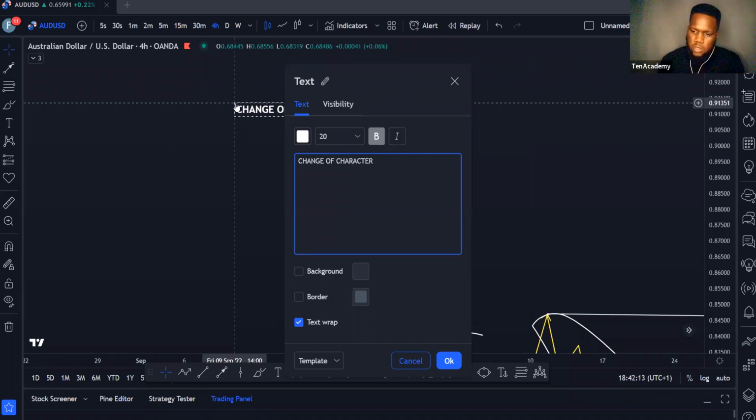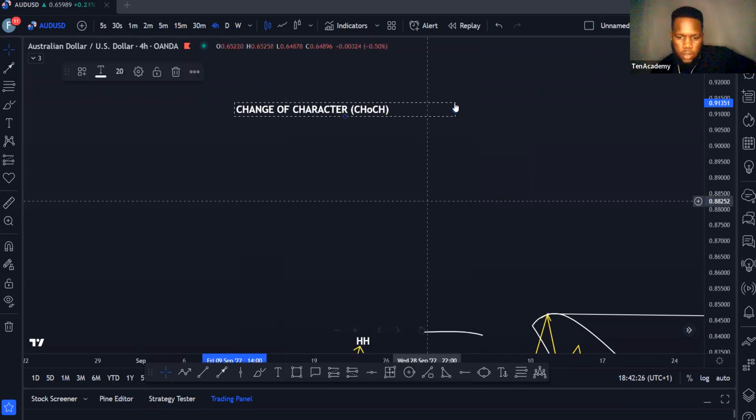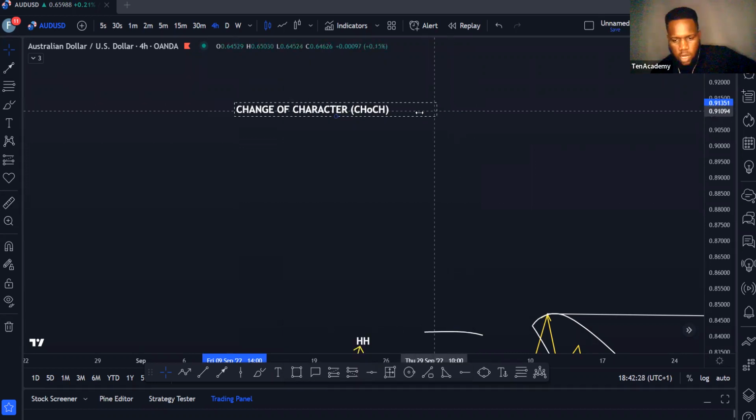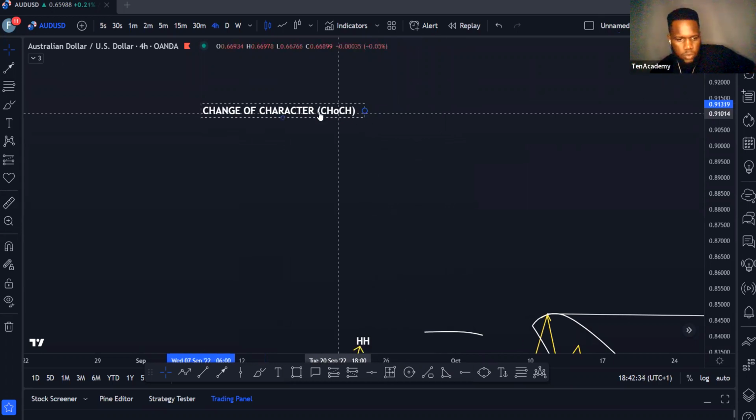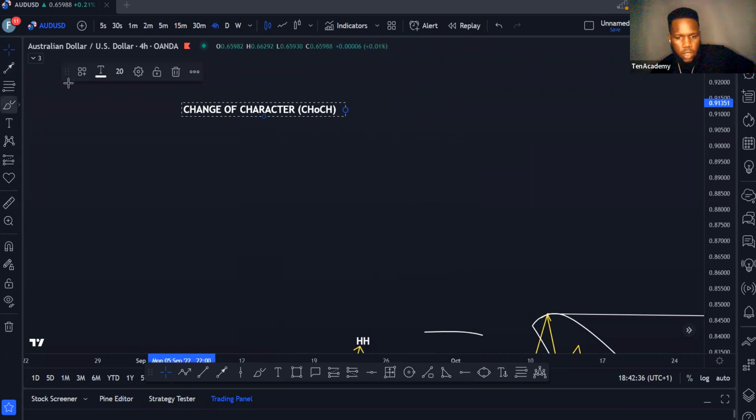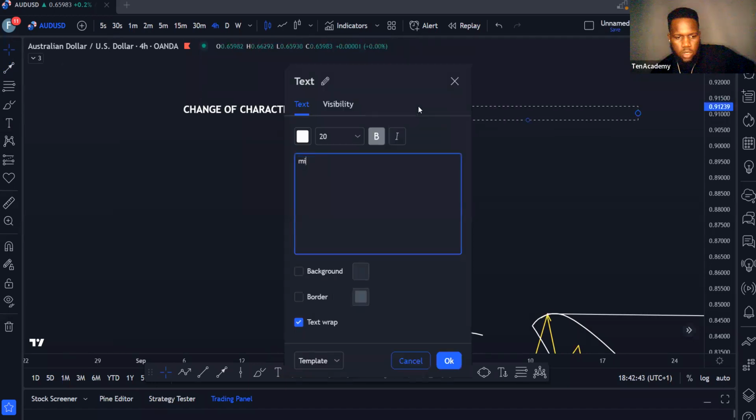If you're in the SMC community, it's called CHOCH. Change of character, or you say CHOCH. So what is change of character? Change of character is only used on minor structure.